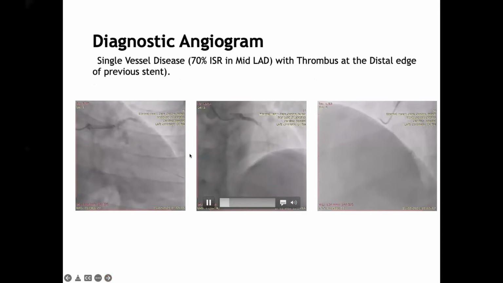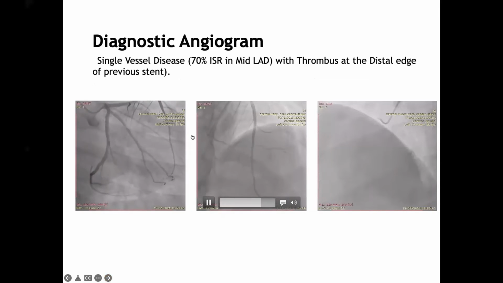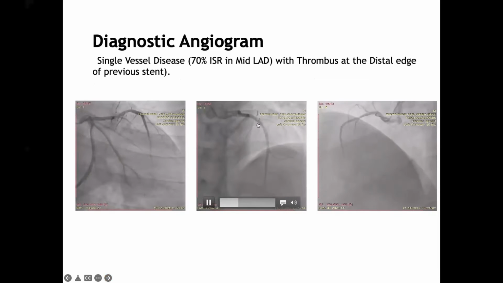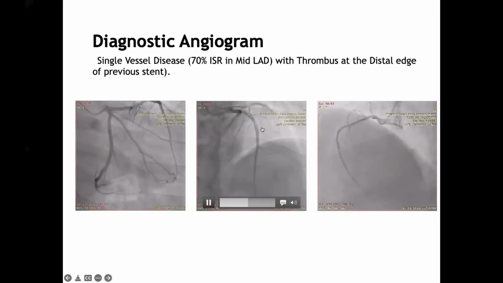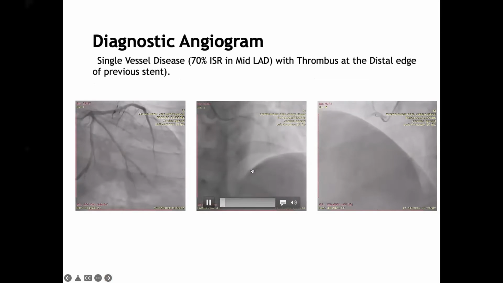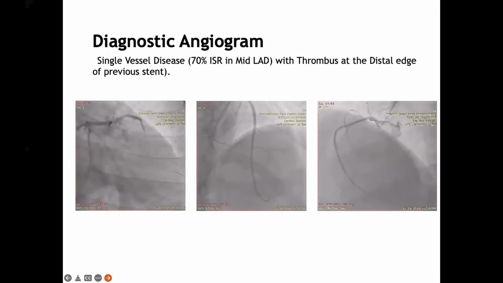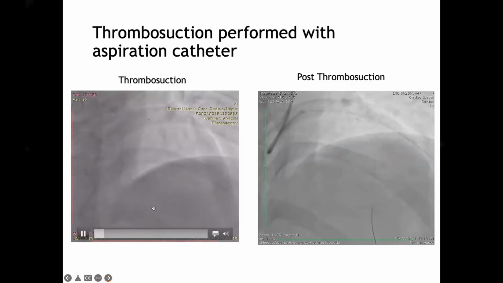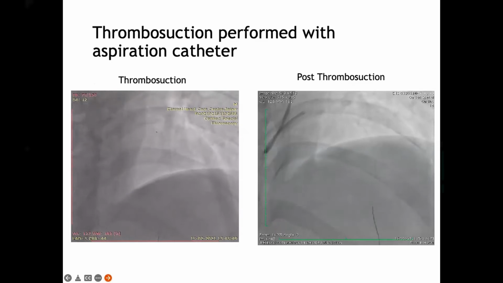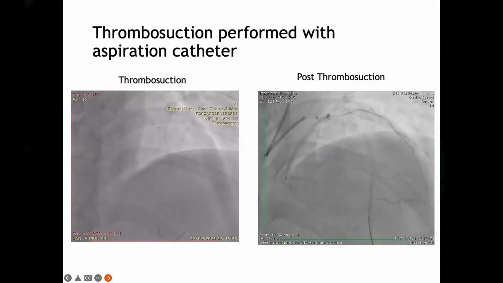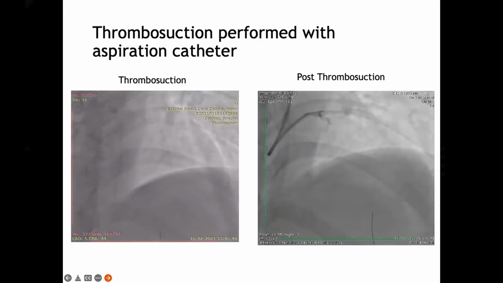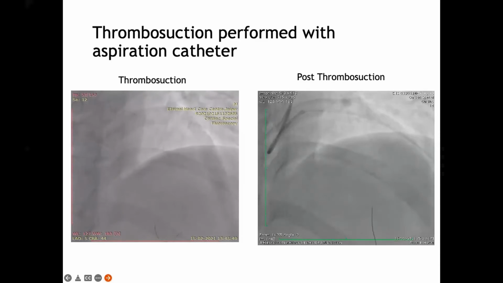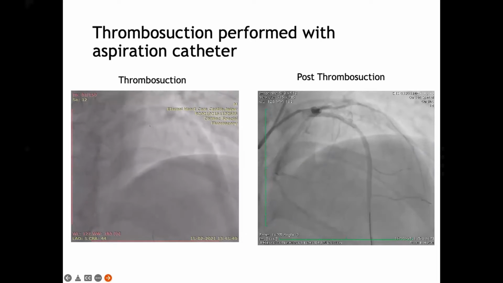You can see there is a stent in the proximal to mid LAD, and there was an under expansion of the mid LAD stent, and there was a thrombus at the distal edge. We did OCT pullback, and thrombosuction was done initially. Post thrombosuction, we can see there is an under expansion of the previous stent, which was placed outside the hospital, and also there is a thrombus beyond the distal edge of the stent.